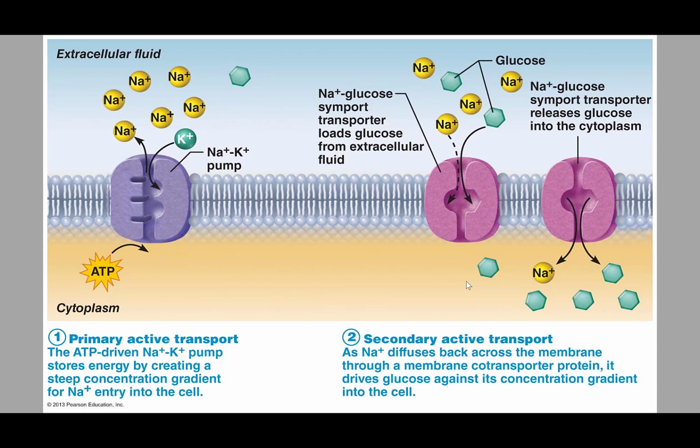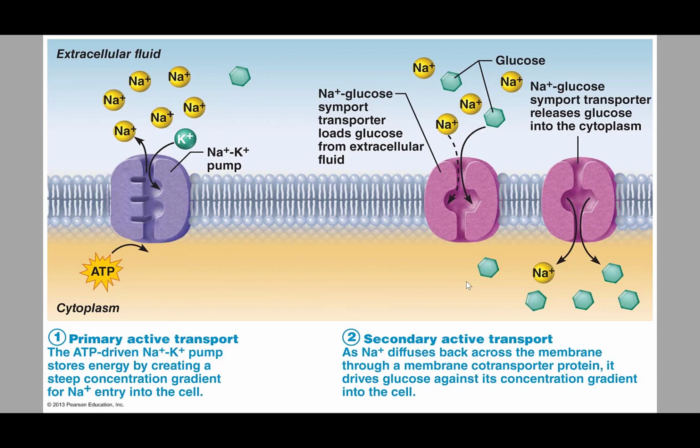Okay, we have talked about simple diffusion. And we've talked about other types of diffusion that collectively are called passive transport. Passive means that it does not require energy. Everything was moving from high concentration to low concentration without the use of any energy at all.